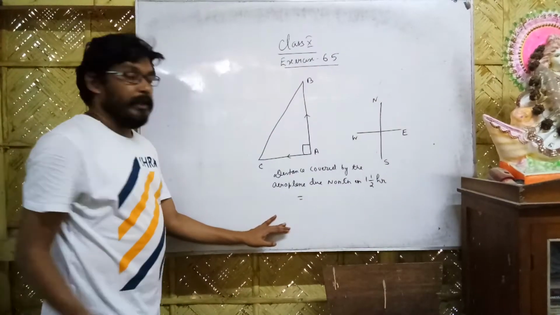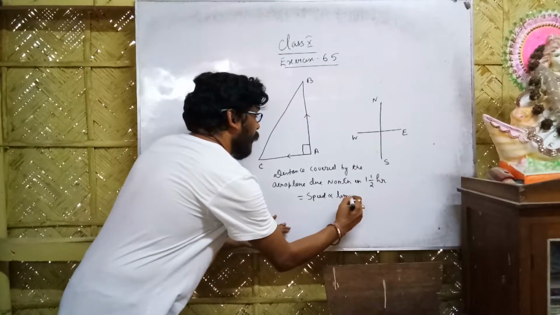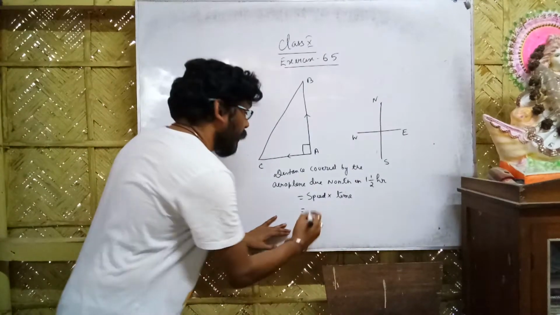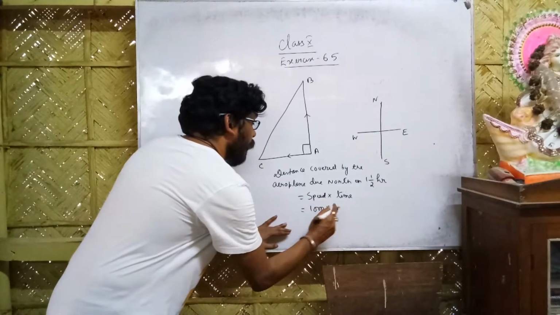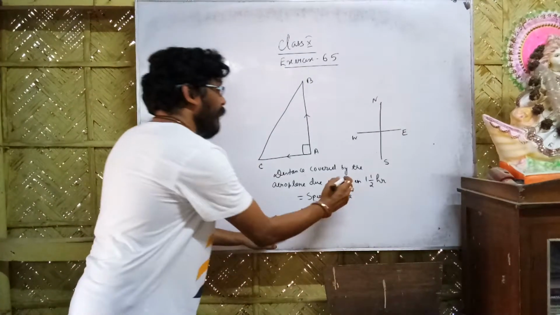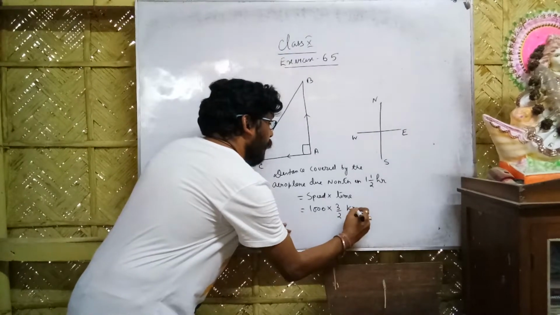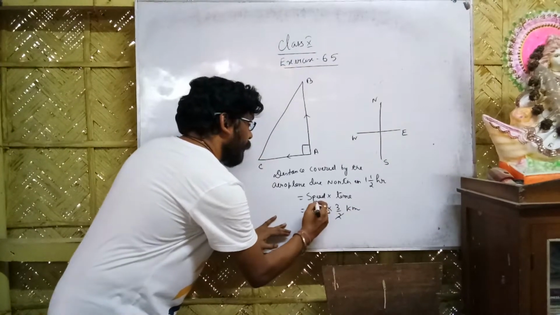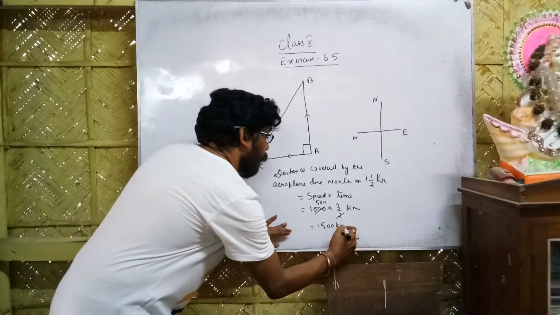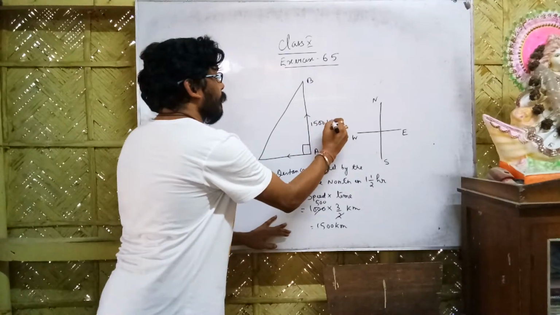Speed equal to distance by time. So distance equal to speed into time. So due north the speed was 1000, and your time was 3 by 2. Here it will be kilometer, so if you cancel it, it is 500, so it is 1500 kilometer. That means here 1500 kilometer is covered.